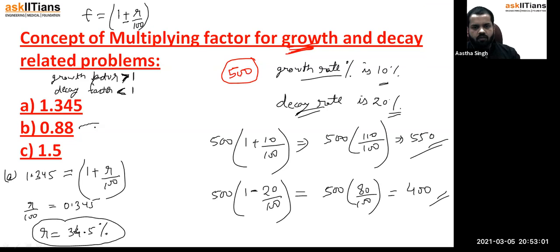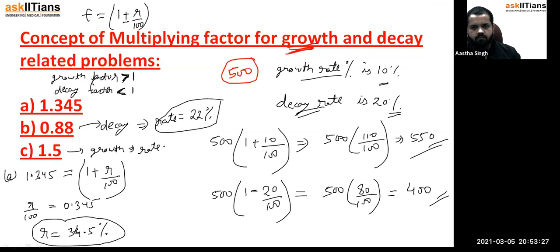Just calculate whether it is a growth or decay factor. In this case, decay will be there because it is less than 1. And what will be the rate? Your rate will be 22%, right? In this case, growth will be there and the rate will be 50%.